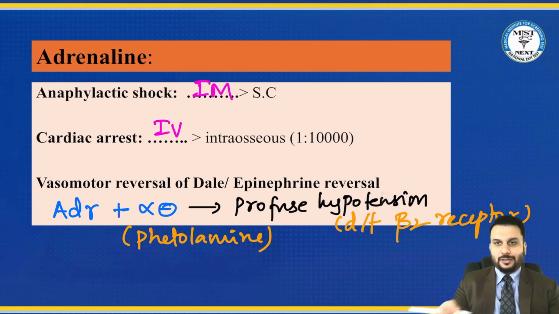You know that adrenaline works on beta 2 receptor. To prove that adrenaline works on beta 2 receptor, the scientist called Dale did one experiment.